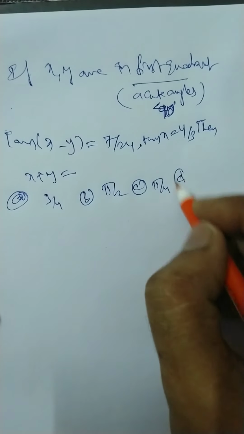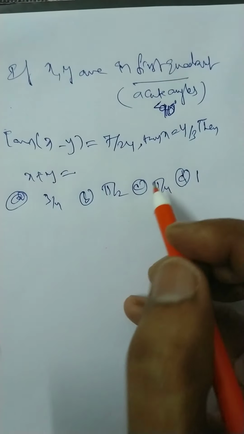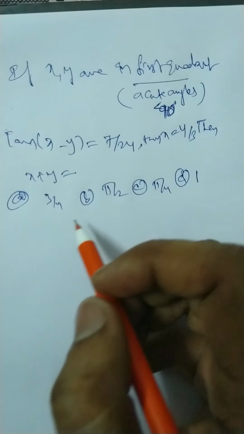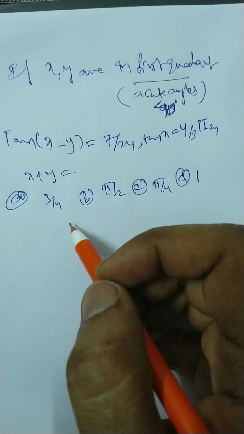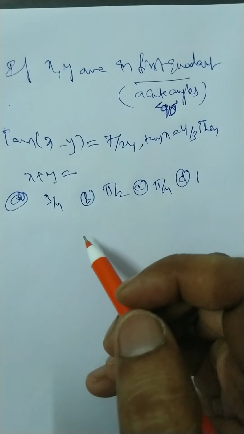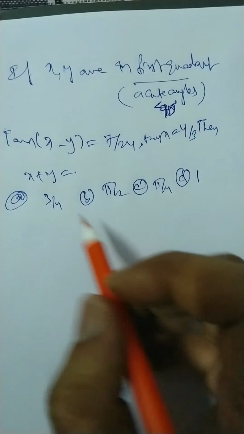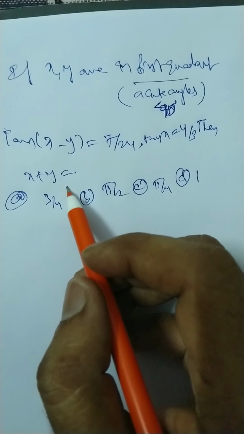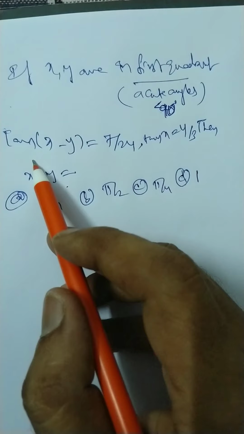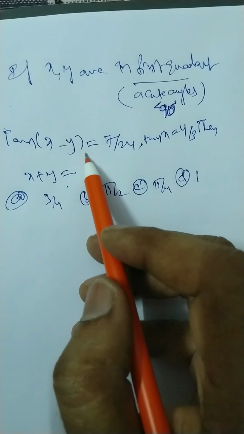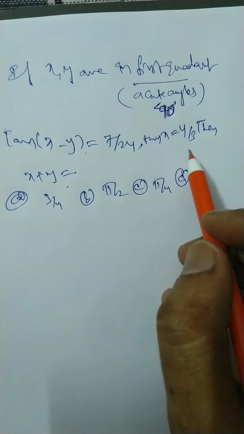So to attempt this problem, what is actually given to us and what we have to calculate has to be understood properly. We need to calculate the value of x plus y, and what we have been given is tan of x minus y and tan x.